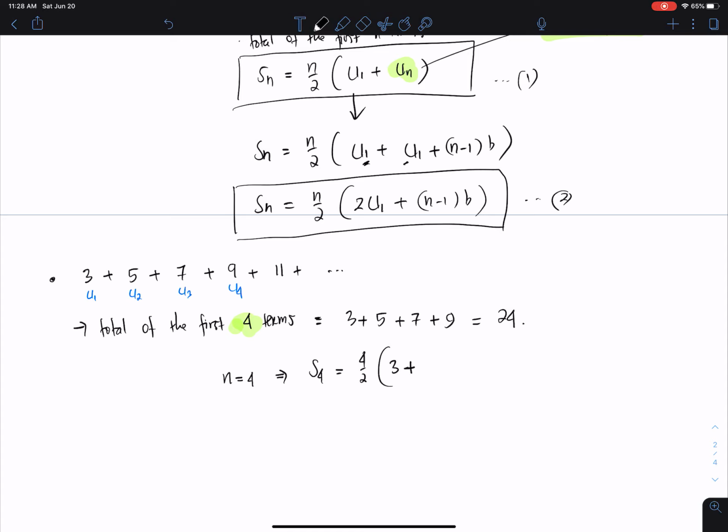Un in this case is U4. So 4 over 2 we get 2, and then 3 plus our U4 is 9. When we calculate this, we have 2 times 12 equal to 24. So it gives us the same numbers.